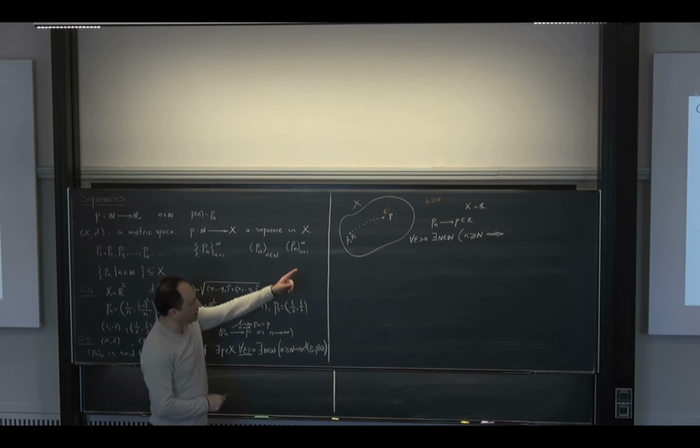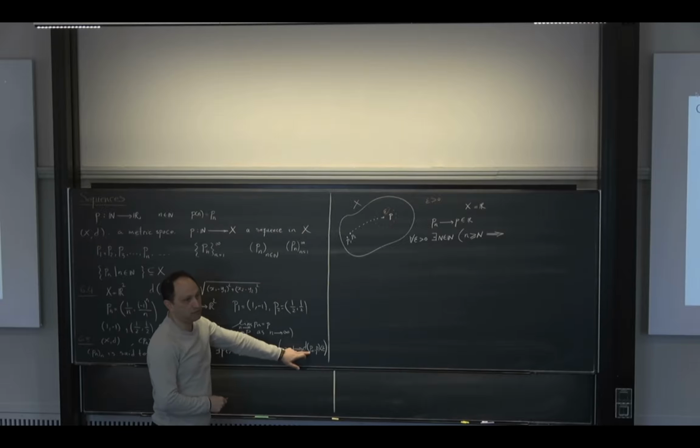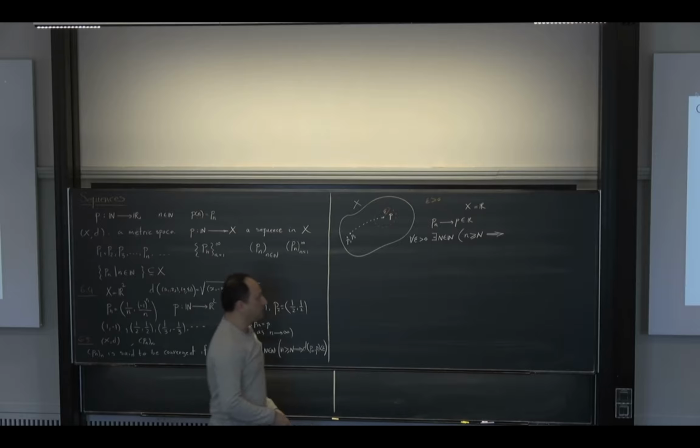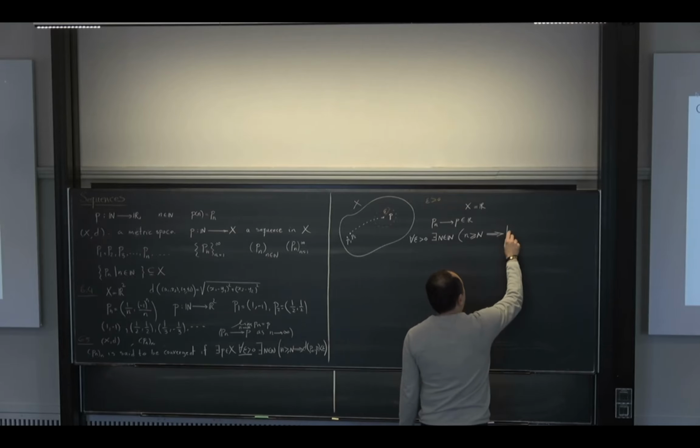But because here I am considering a special case X equal to R, instead of this I am allowed to write the absolute value of Pn minus P less than epsilon.